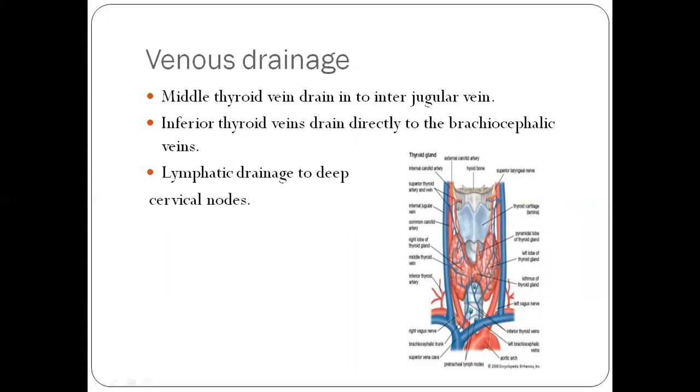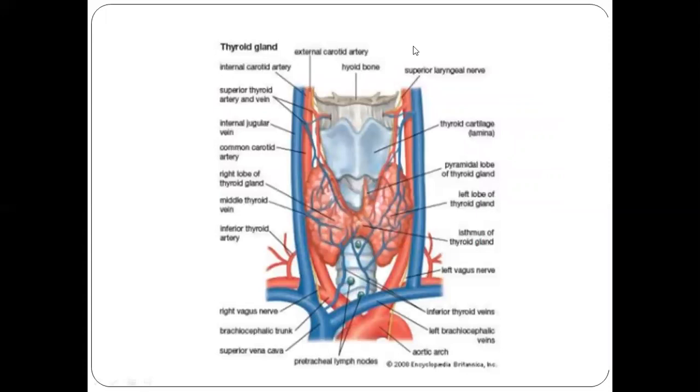So the thyroid gland and the parathyroid glands have the same blood supply, the same lymphatic drainage through the pre and paratracheal nodes into the deep cervical nodes, and the same sympathetic supply from the superior, middle, and inferior cervical ganglia. So they have the same blood supply, venous drainage, and sympathetic supply.